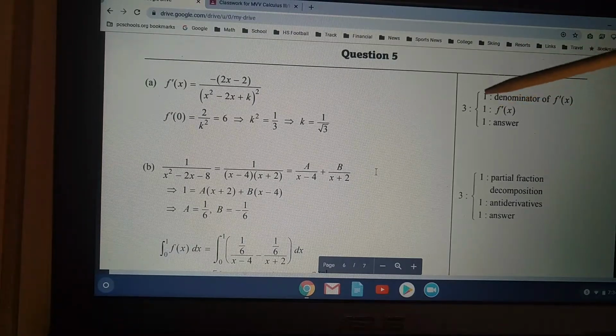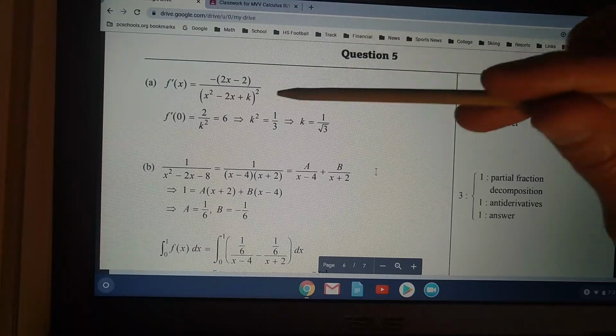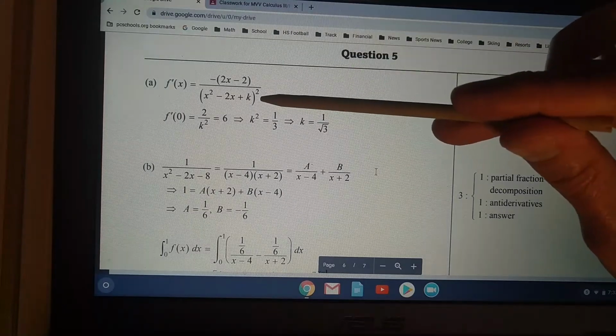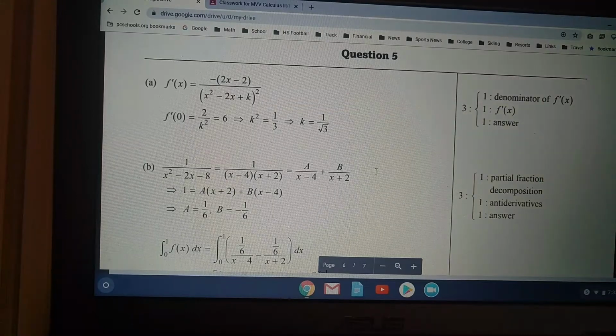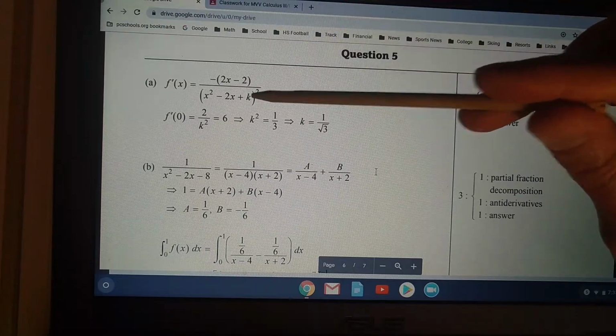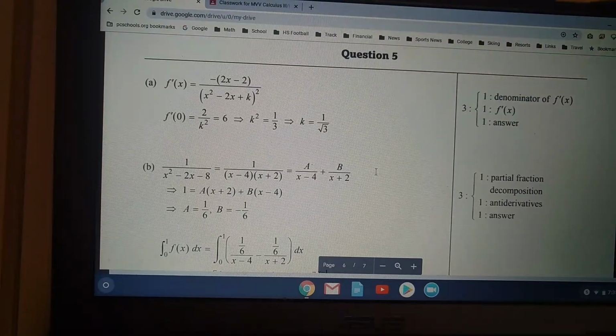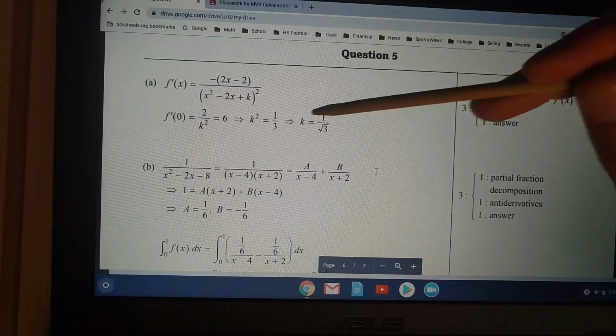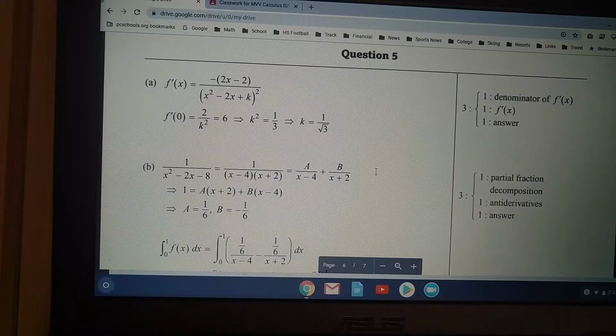First, for part A, if you get the denominator of f prime, that's this thing here, that denominator gets you 1 point. If you get the correct derivative itself, so that includes numerator and denominator, you get a second point. And then if you solve for k correctly, you get your third point. Pretty straightforward.